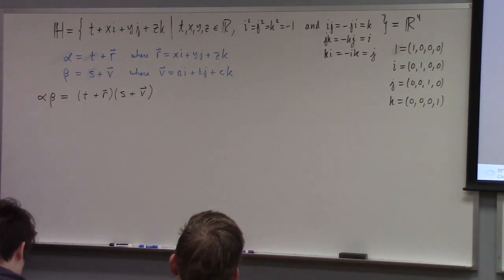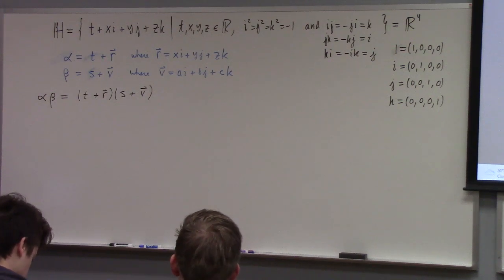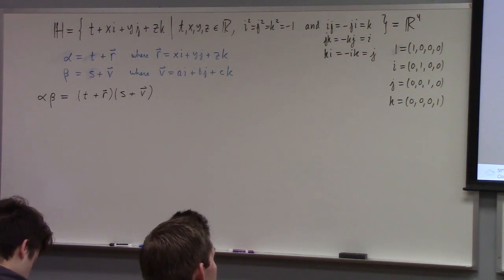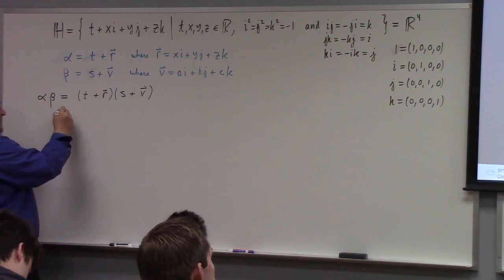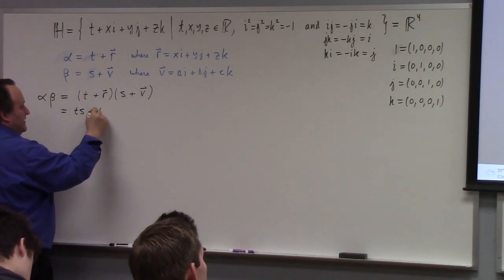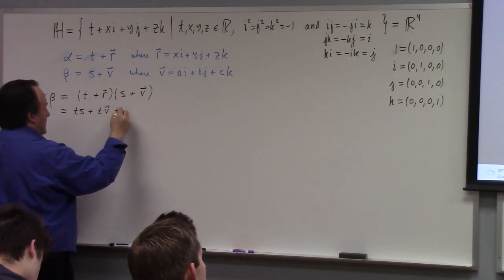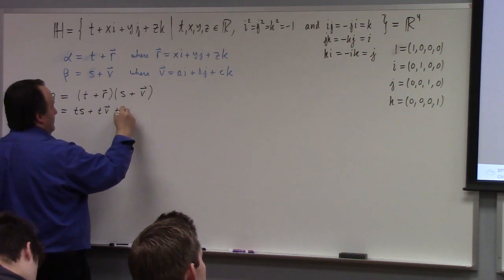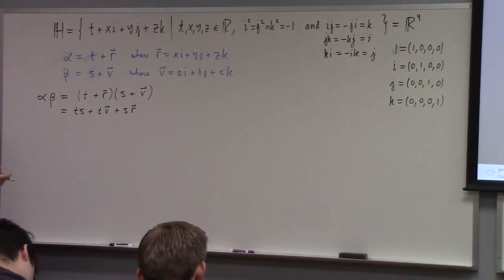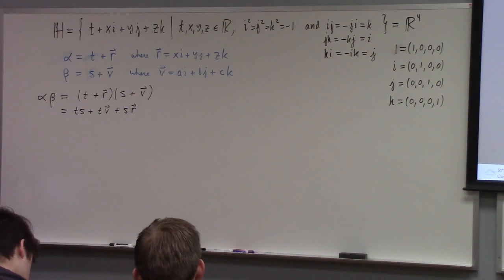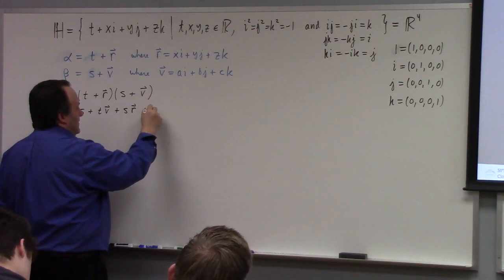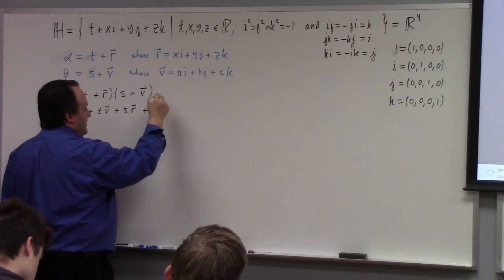If I group the terms like I have here, when we multiply it out, it's a little bit easier, because we can just go, well, that's ts, plus t times v vector plus s times the r vector. Remember, the real number multiplication, we can bring it to the front. We have to be careful with the quaternion multiplication, though, because those don't commute. So here we've got r times v.